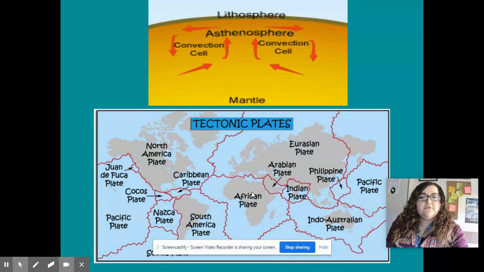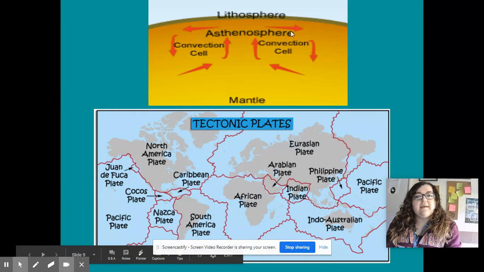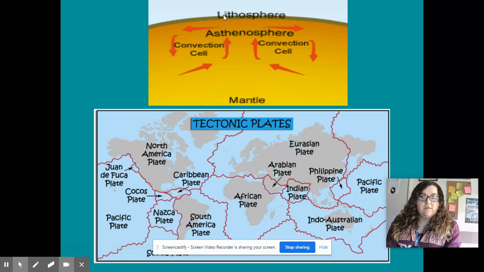All right, so here's just a couple pictures. Again, here's another convection cell with convection currents. The asthenosphere is the layer right underneath the hard part, and then the lithosphere is the hard part. And then here is a map of the different tectonic plates. So we are on the North American plate. That includes part of Central America, North America, and the stuff up to the pole right here.